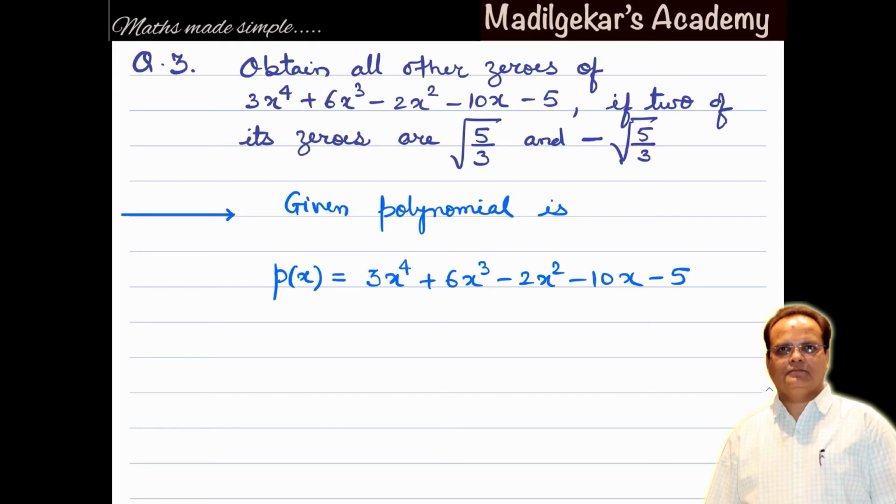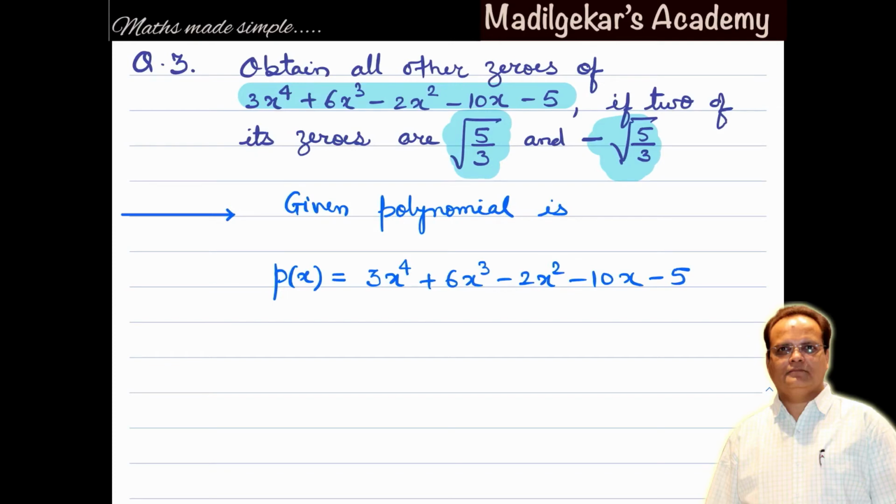Question number 3. Obtain all other zeros of the polynomial 3x raised to 4 plus 6x cube minus 2x square minus 10x minus 5 if two of its zeros are root 5 by 3 and minus root 5 by 3.